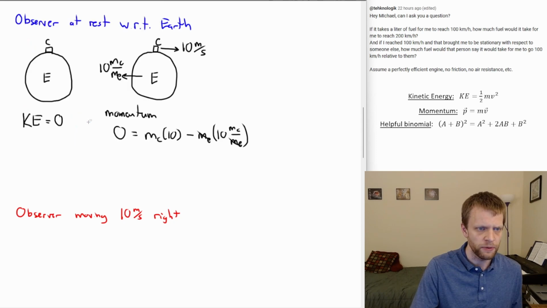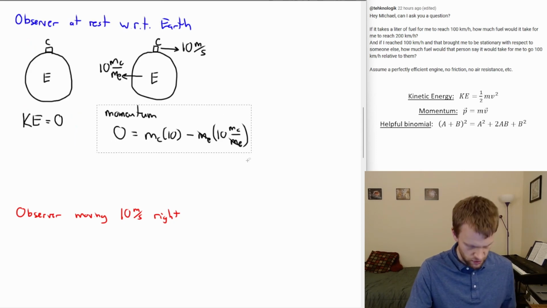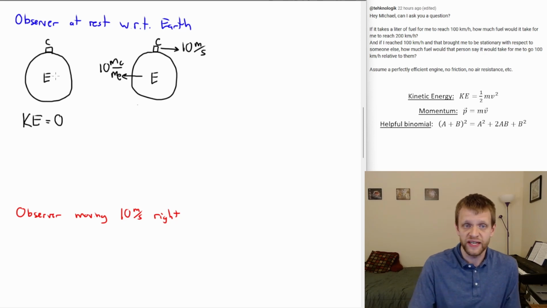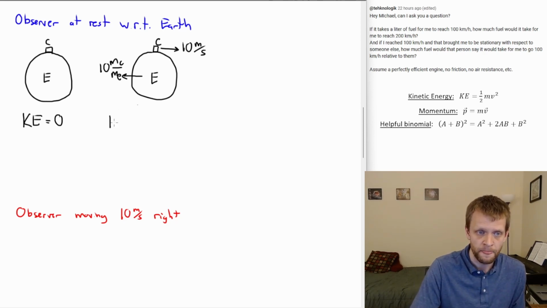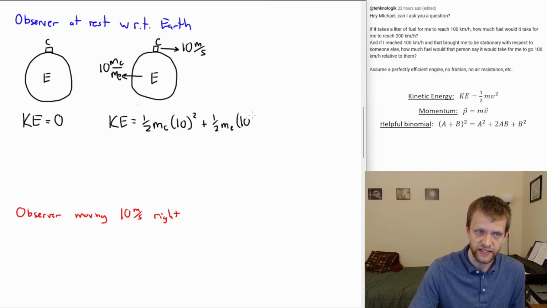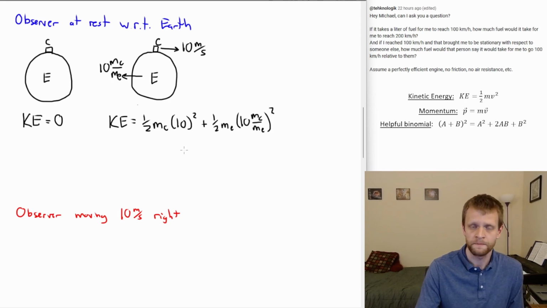Let me clear that part up so we are mainly focused on the kinetic energy. So what is the kinetic energy at this point? Well, the kinetic energy is the kinetic energy of the car, 1/2 times the mass of the car times 10 squared, plus the kinetic energy of the Earth, 1/2 times the mass of the Earth times that velocity, 10 times the mass of the car over the mass of the Earth, squared.